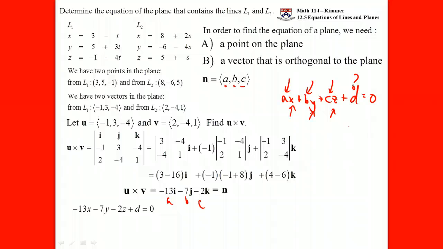And so now we just need to know what d is, and I think the best way to find d is to take this particular equation right now and pick either of these points. Either of these points should satisfy the equation. So pick one and plug them in as x, y, and z, and that'll tell you what d is. You don't have to do it this way, it's just the way I like to do it. So -13 times a 3, and -7 times a 5, and -2 times a -1 should be, when I add it to d, I should get 0.